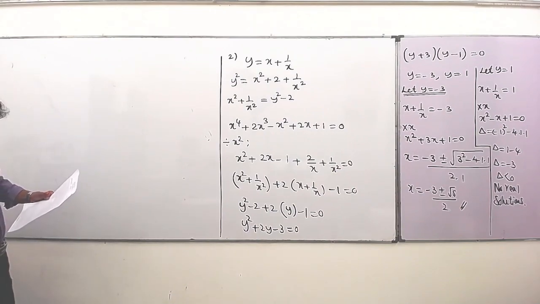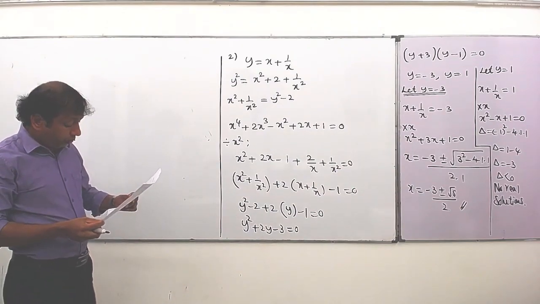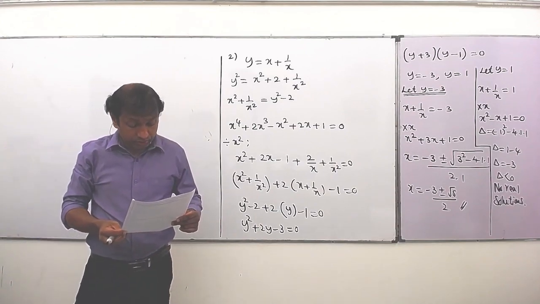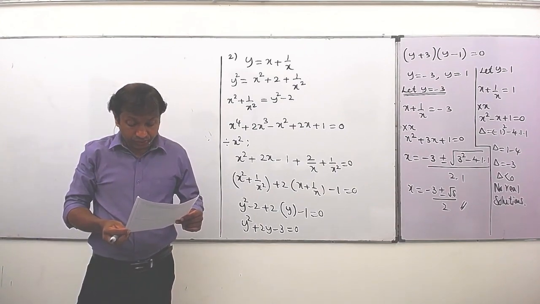Show that for all values of theta, the line given by the equation passes through a fixed point.